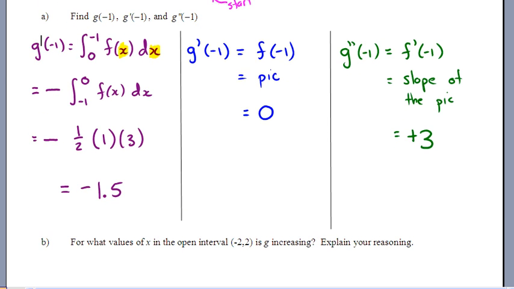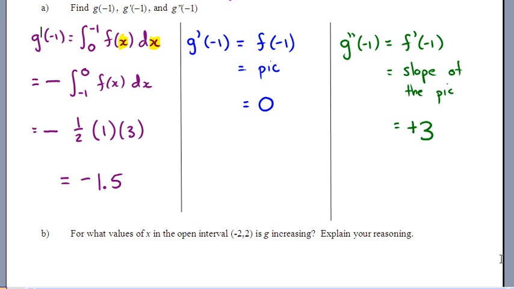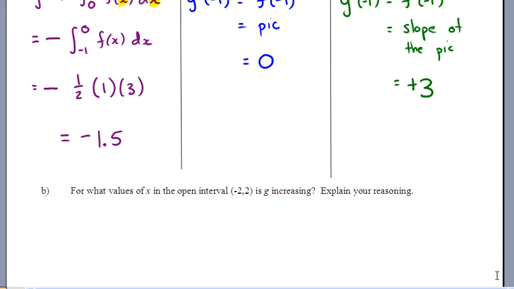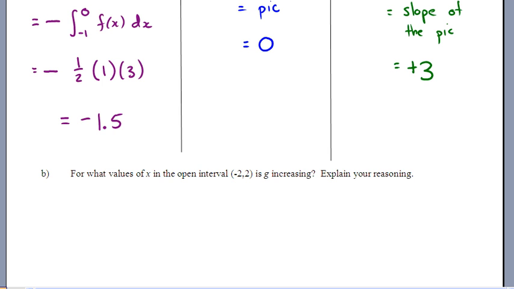Part B: for what values of x from -2 to 2 is g increasing? And then explain your answer. Well, here's what I'd be thinking. If we want to talk about g, which is actually this area gathering function, and say g is increasing, what we could do is say, with the exception of some possible little flat spots, g prime is going to have to be positive.